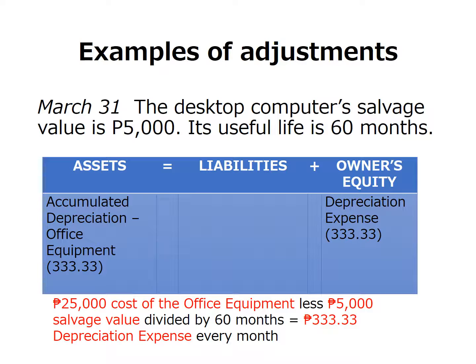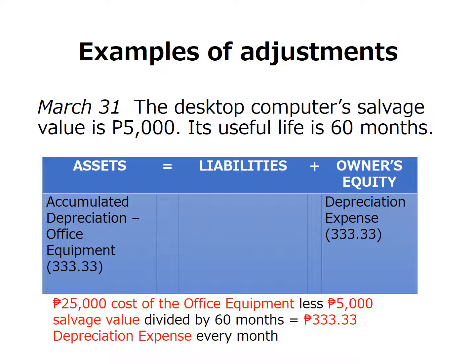Again, for this adjustment, accumulated depreciation of office equipment increased by 333 pesos and 33 centavos. Since it is a contra-asset account, it will decrease assets by 333 pesos and 33 centavos. Depreciation expense increased by 333 pesos and 33 centavos. That is why it will decrease owner's equity for the same amount.